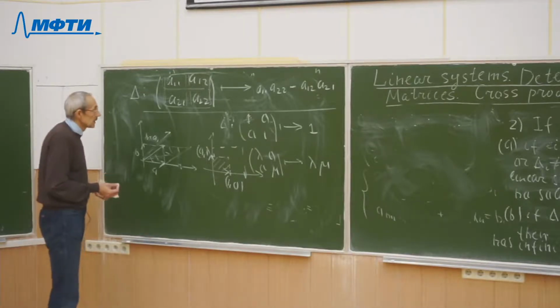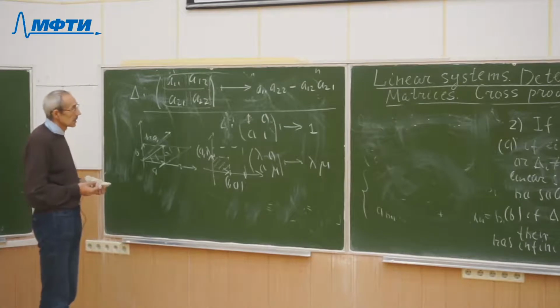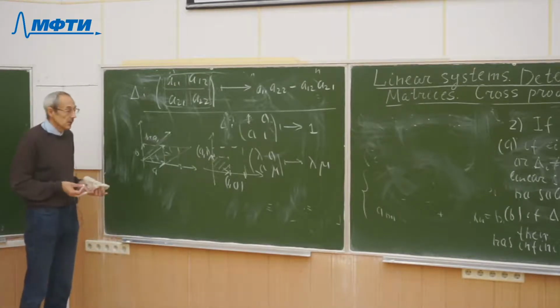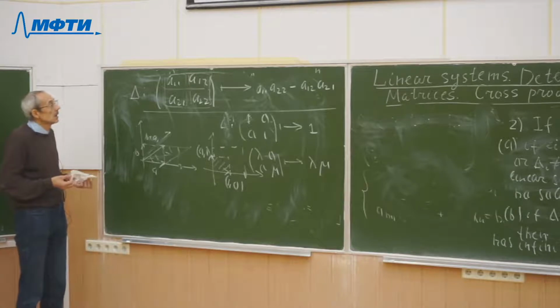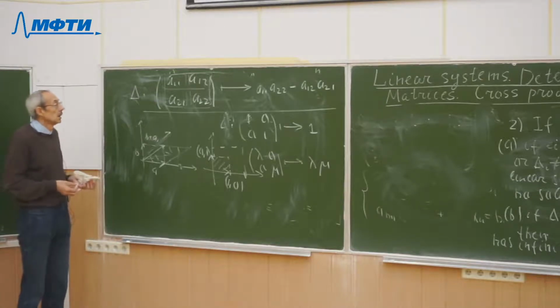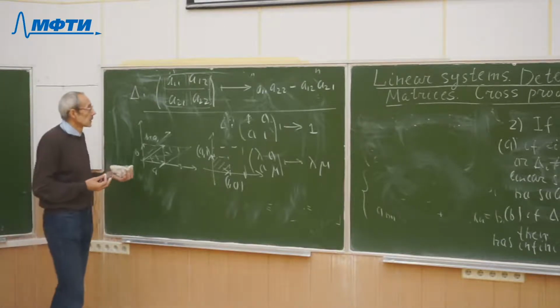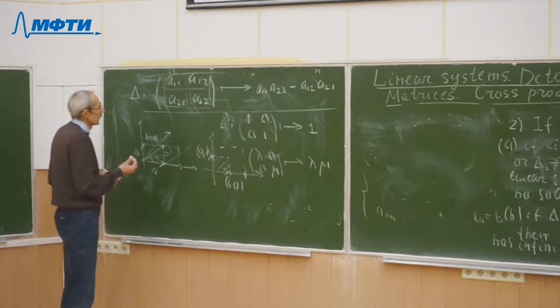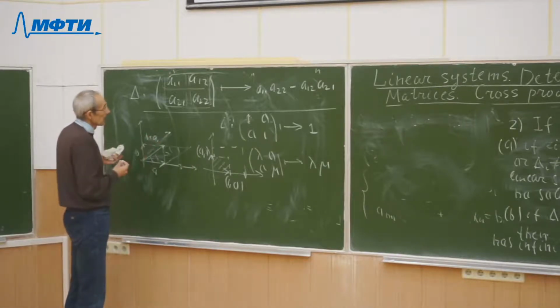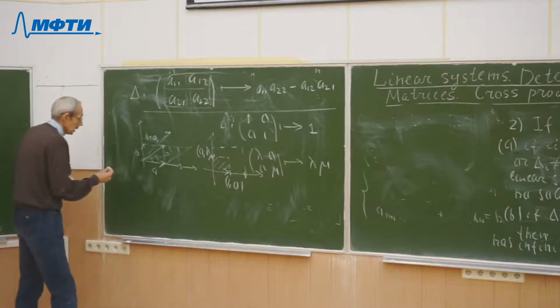The determinant is a function which is defined on the vectors, or rows, of the matrix. Let's introduce the following notation.